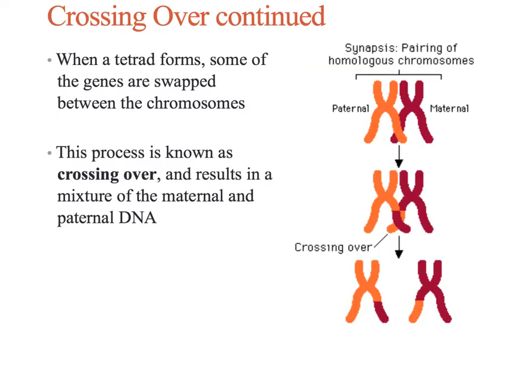If you notice the next picture, part of mom's chromosome ended up on dad's chromosome and vice versa. This is dad's chromosome, so this is part of mom's that ended up on dad's, and part of dad's ended up on mom's chromosome. And that process is called crossing over. So that's when a tetrad is formed during the first meiosis division.